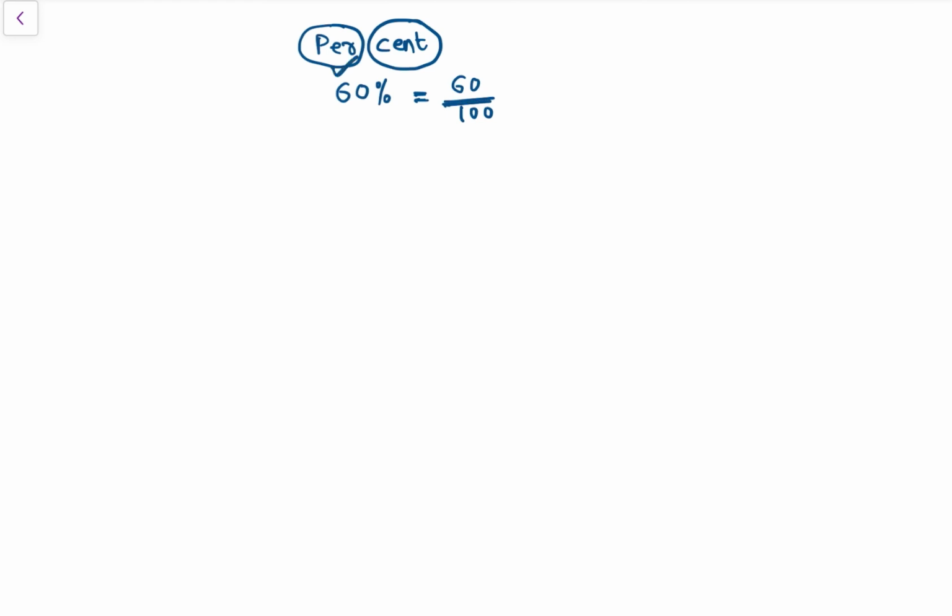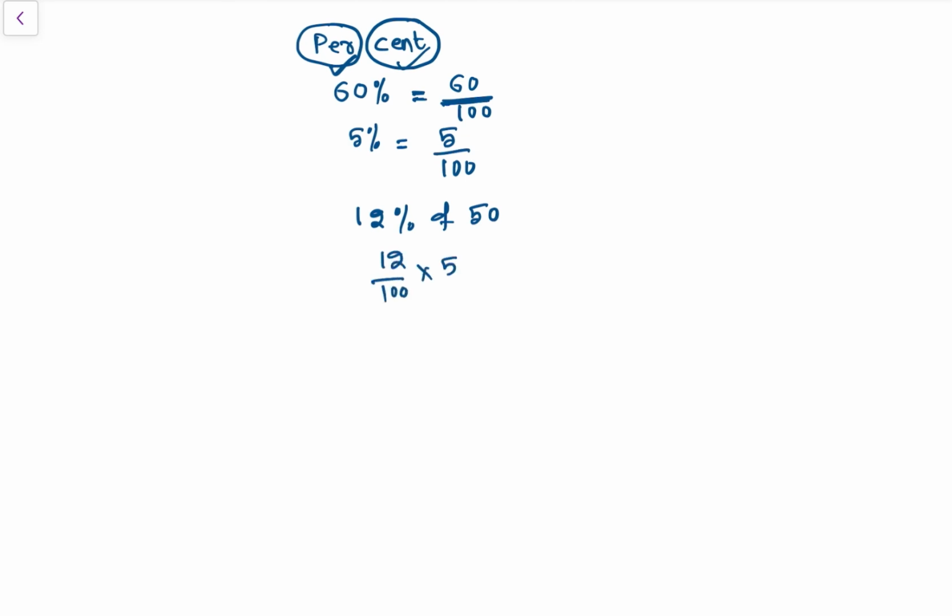So any number, say 5%, is 5 divided by 100. That's what we'll write. Then आता है 12% of 50, which is written as 12 divided by 100 into 50.